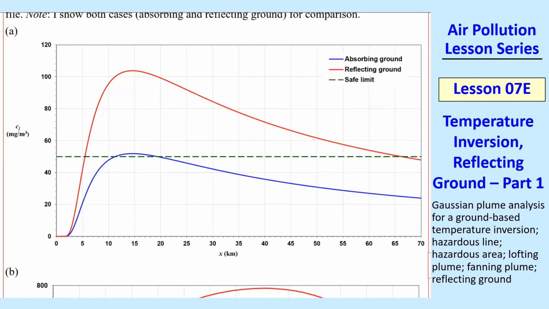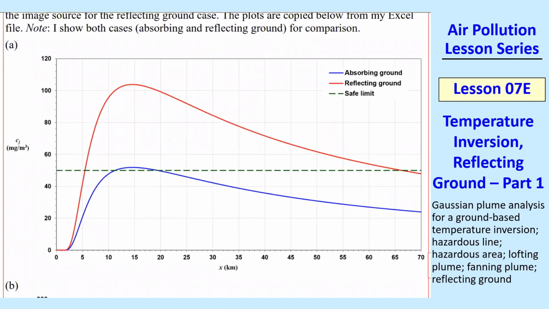And I'm also comparing the old case, the absorbing ground case from previously. So this was 07C. And this one is now lesson 07E. And remember before we had this very small hazardous area, it just barely peaked above the PEL. This is the PEL here. So we barely got above 50 just for a small range of x's. Now we have this red one, which is the reflecting case, reflecting ground, and this one was the absorbing ground.